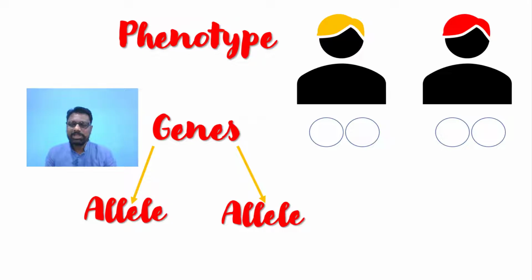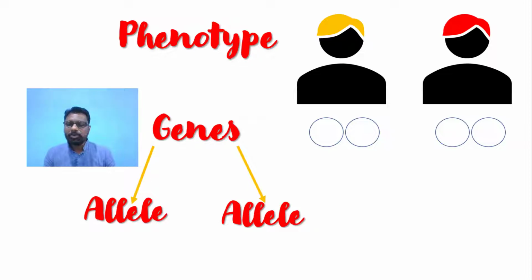Here you are able to see the non-red hair color is coded by one set of genes, and the red hair color is coded by a different set of genes. These different types of genes, in the case of hair color, we consider as alleles. An allele is also considered as an alternative form of a gene.